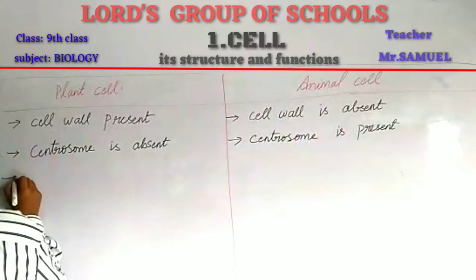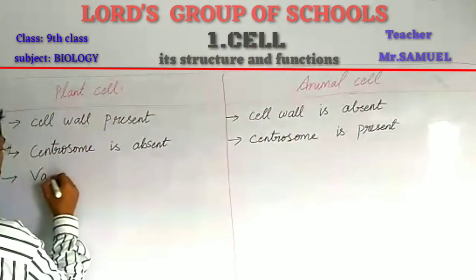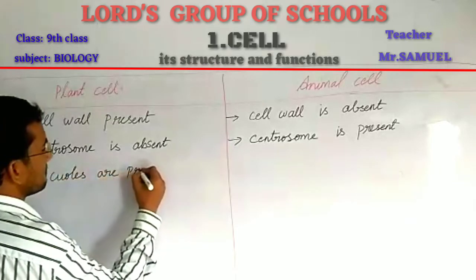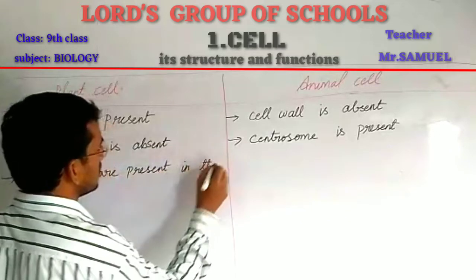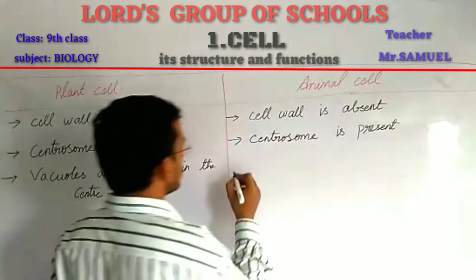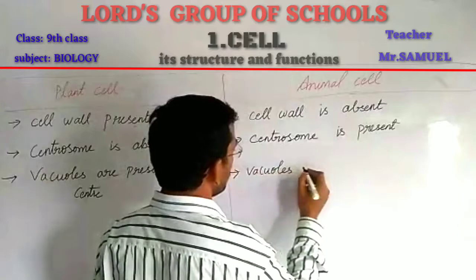Next difference is vacuoles. Vacuoles are present in the center of the cell in plant cell. Here vacuoles are present in the peripheral region.